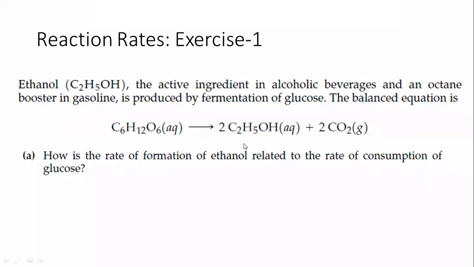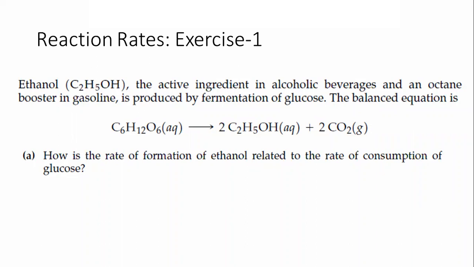It doesn't matter. The rate of formation is on the products side, that's why it is the rate of formation. On the reactant side, it is the rate of consumption. So how can you correlate the rate of formation of ethanol with the rate of consumption of the glucose? What would be your answer?